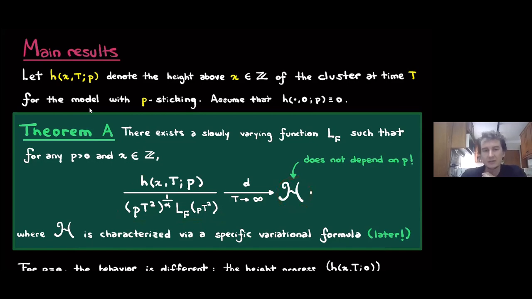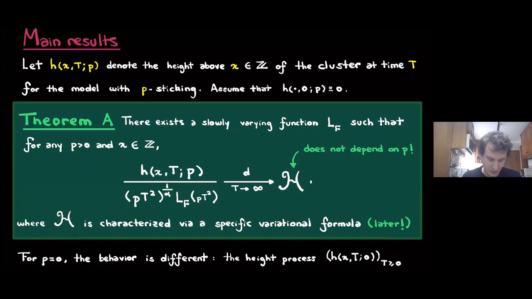This limit h satisfies two things. First, it doesn't depend on p, the sticking parameter. So all the dependence on p of the model gets washed away in this scaling. And the second thing is that this h is something that we can characterize. It's characterized by a specific variational formula, and it corresponds to something that looks like a last passage percolation problem. But I will talk about that in the next slide, after the main results.